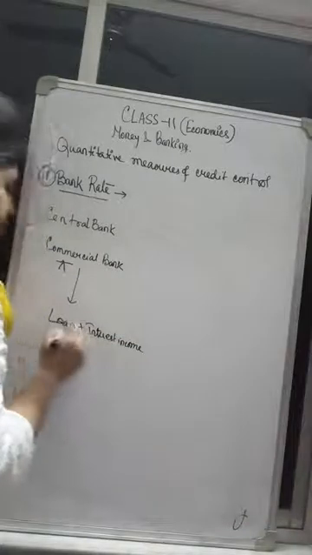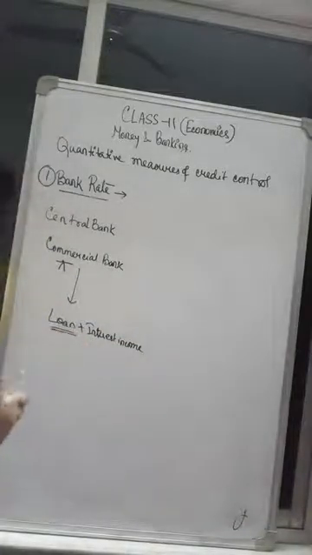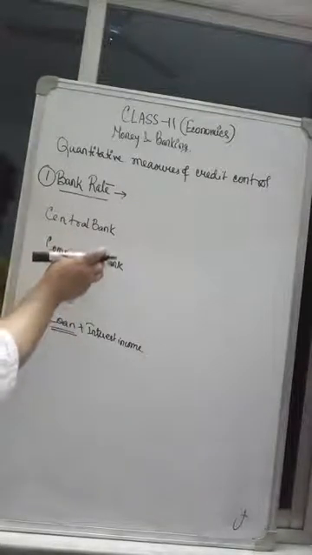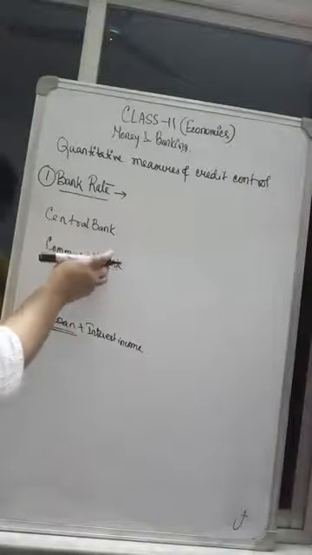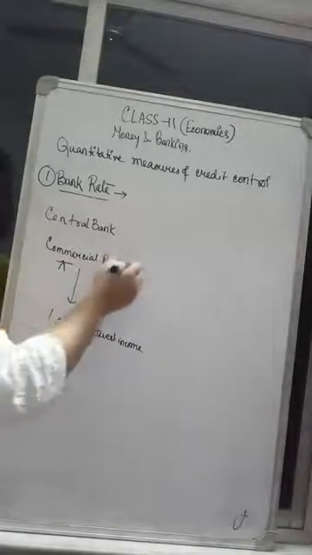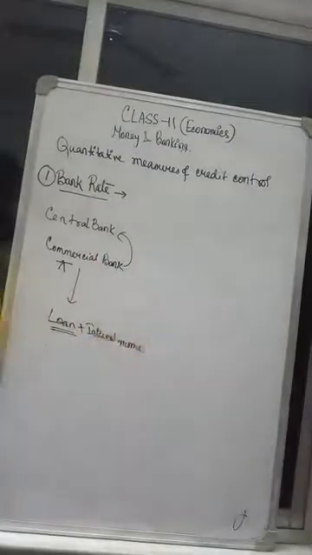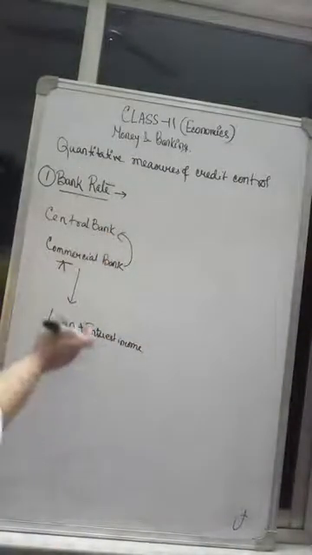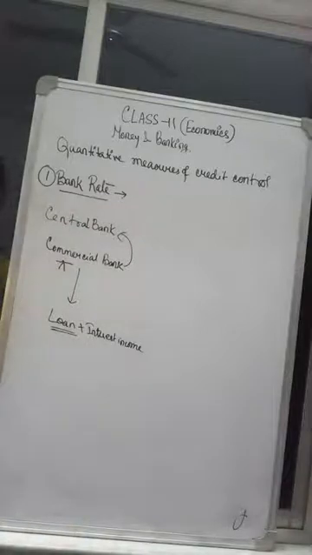Now from where do they give out loans? You have all seen the functions of a commercial bank. They are the loan creators. Whatever amount of money the savers deposit, the commercial banks use that for loans. And sometimes the commercial banks borrow from the central bank. They borrow money from the central bank to give out loans to the general public.